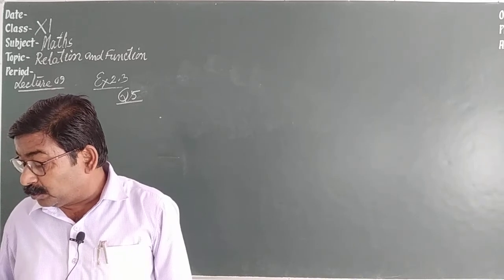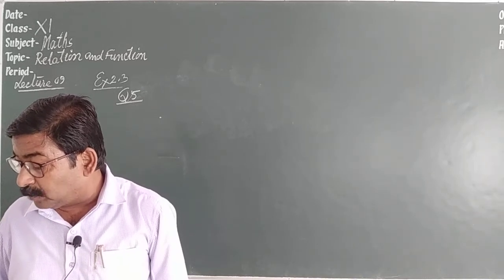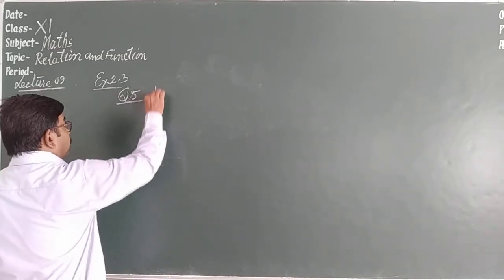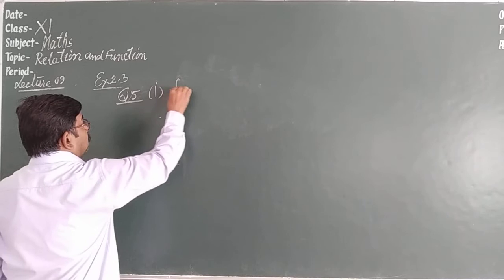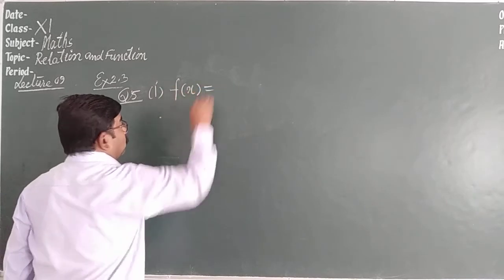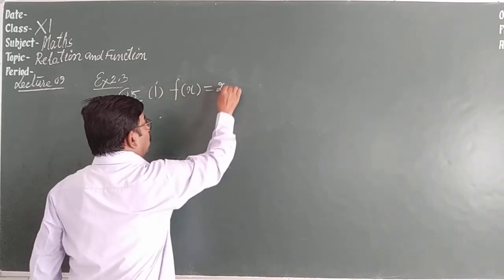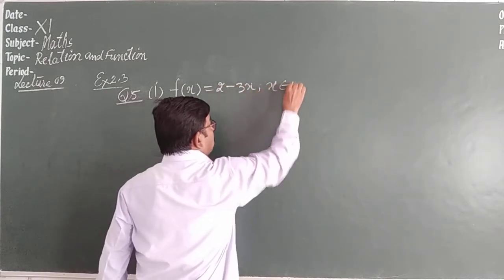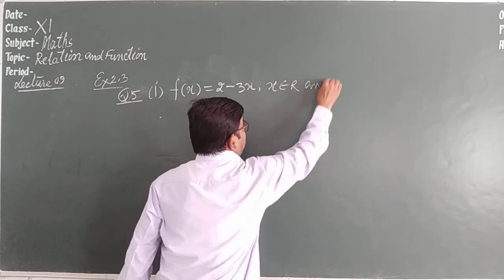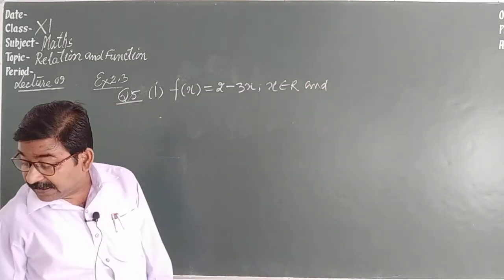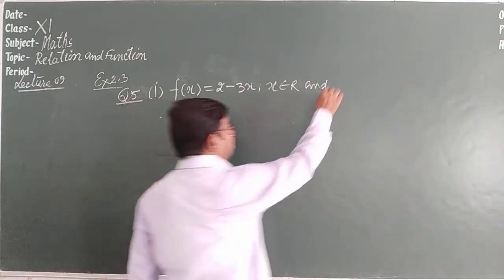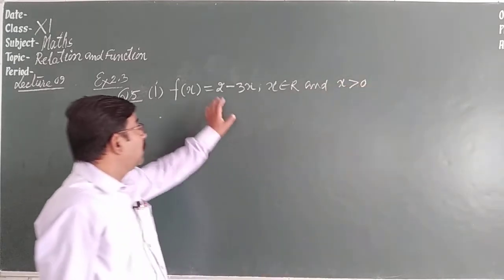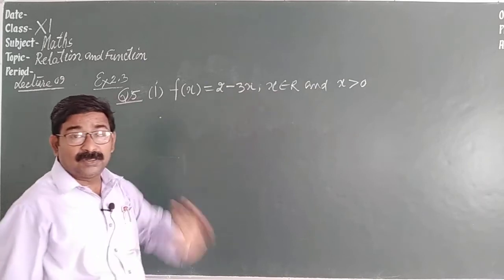First part: f(x) is equal to 2 minus 3x, where x belongs to R, and one more thing is given, x is greater than 0. So we have to find the range of this function.